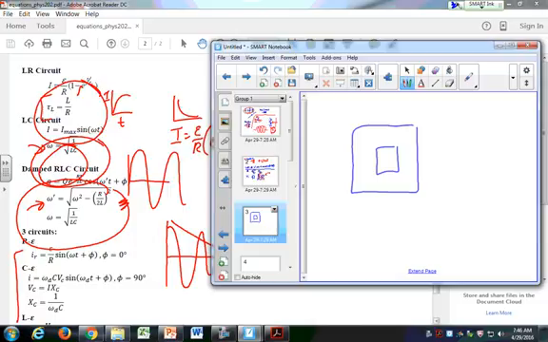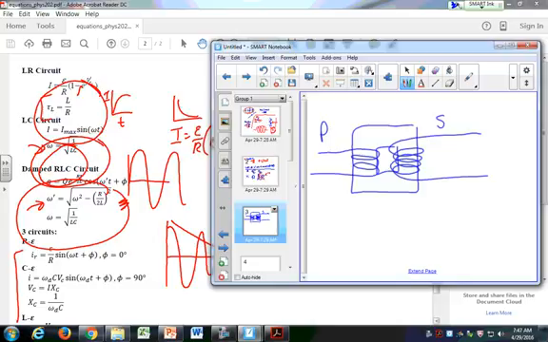But a transformer is an iron core. You have a primary coil like this, and you have a secondary coil like this. This is my primary. This is my secondary. This is like what you have outside your house. If I have a low voltage coming in, I get a high voltage coming out.